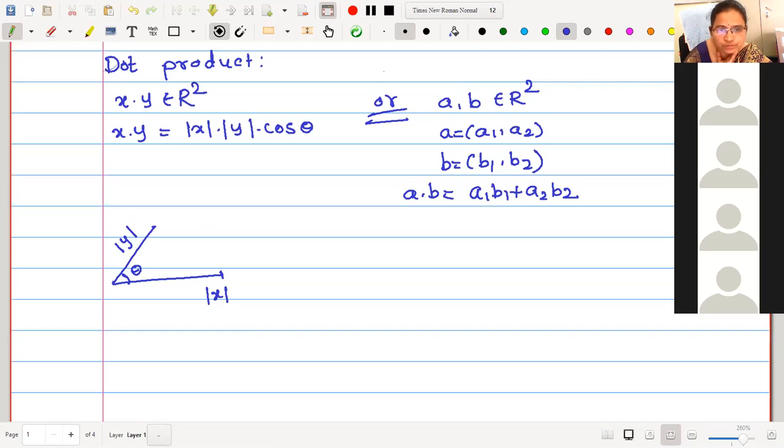Now what will we do here? We will drop a perpendicular from this point onto the x vector, right? Then with the help of the cosine measure, this much distance will be mod y cos theta, right? Now, what is cos theta that we are defining?